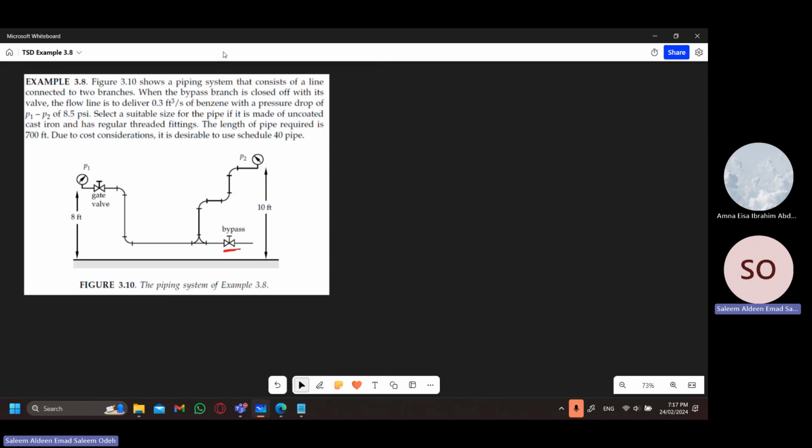So the same as last question, we will write down the given, and we will try to extract all the values that we could get just from what we have. The first thing they gave us is the flow line is to deliver 0.3 foot cube per second. So they gave us the value for Q. They gave us the fluid used. They gave us the pressure drop, the maximum allowable pressure drop to be specific.